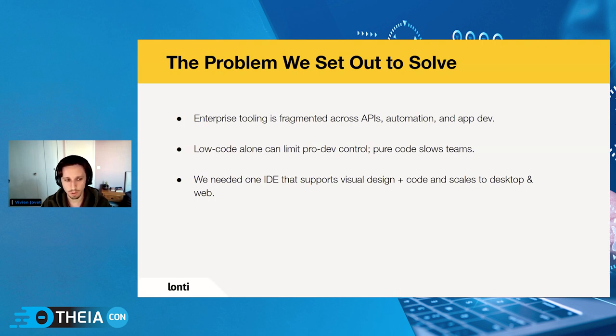It's often frustrating with a low code solution when you want to customize the behavior or implement something that's not supported and specific to your use case. On the other hand, pure code can slow the teams, especially the less technical ones. So we needed one IDE that supports visual design for the low code and also code editing, and scales to both desktop and web browser.